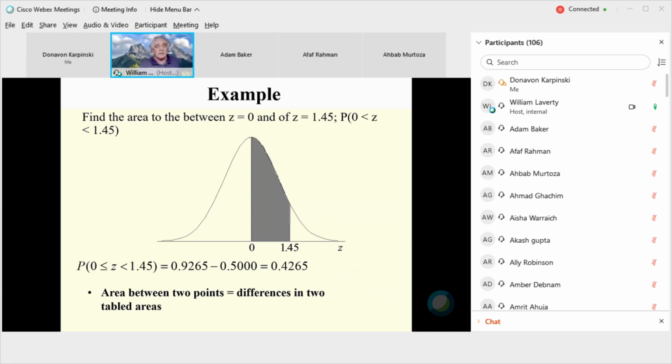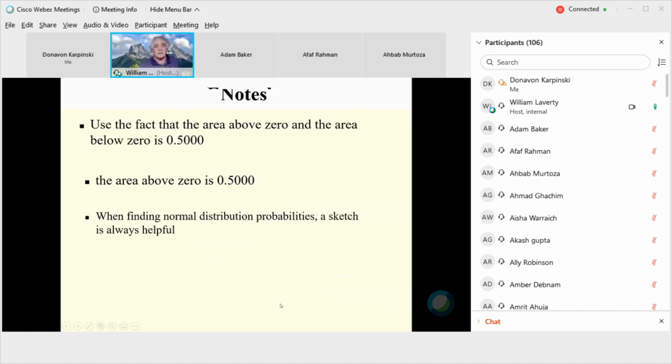The area is 0.500. So the area between two points is the difference in the two tabled areas. You can use the fact that the area above 0 and the area below 0 are both 0.500. I think it's a good idea when doing these problems to do a little sketch of the area that you want, and then you can determine how to compute it.